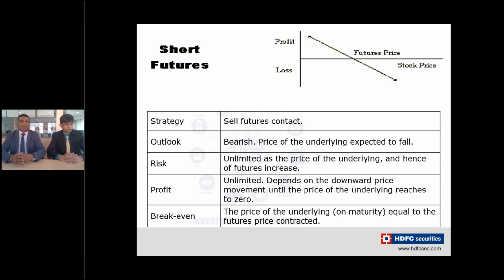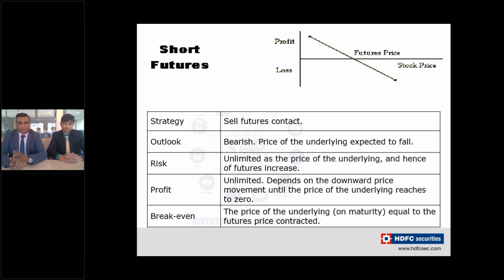When you are going short, you are basically thinking that the prices will go down. Your risk is unlimited because once you short, suppose prices keep on going higher, you will lose that much amount of money. And profit is also unlimited, from your price down to, suppose, the stock going to zero. Whatever the price comes to between your price and zero, you benefit from it.